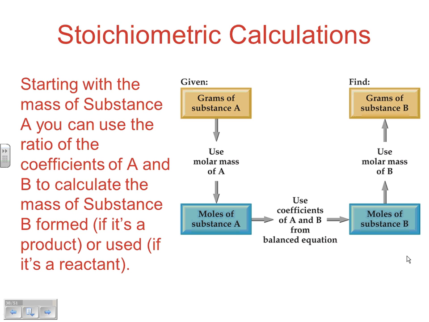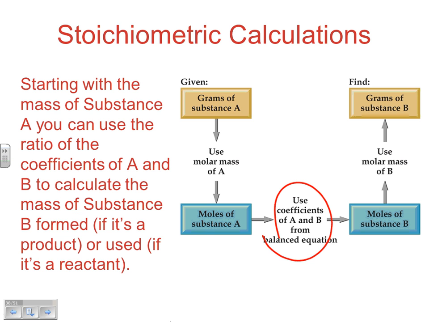So starting with the mass of the substance, you can use the ratio of the coefficients between substances A and B to calculate the mass of substance B formed. And the bridge between those would be really this step right here. That is really where our mole ratio comes in.